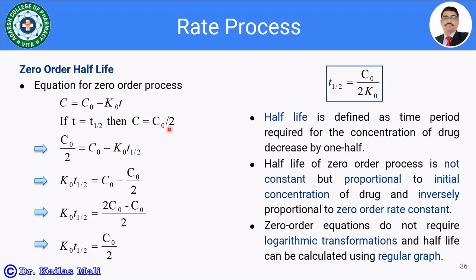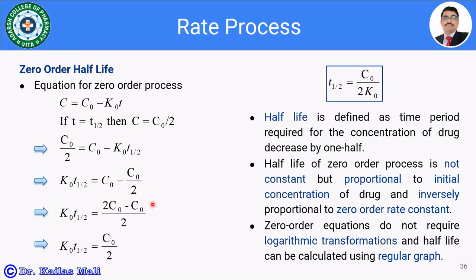Now put the value of T as T half and C as C0 by 2 in this equation, so that we get C0 by 2 is equal to C0 minus K0 T half. Now rearrange this equation. Move K0 T half onto the left hand side. So K0 T half is equal to C0 minus C0 by 2.